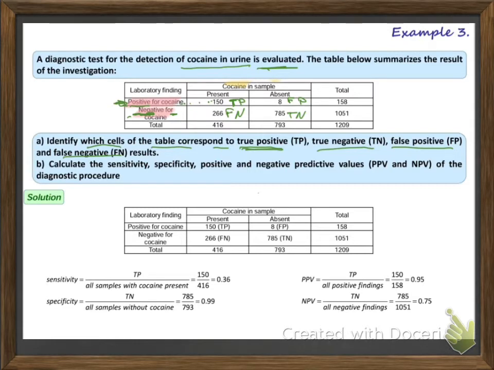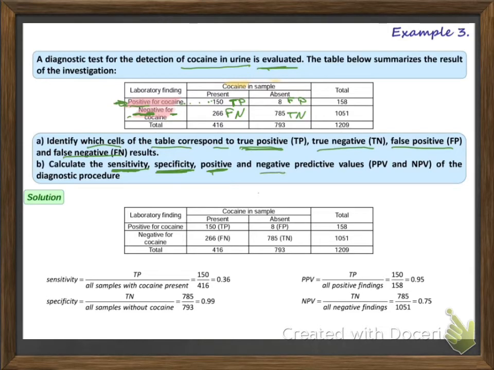That's it, okay? Then the second question is, calculate the sensitivity. We said sensitive means dangerous, it is related to the positive part, okay? So sensitivity, specificity: since sensitivity is the positive, specificity is the other way around, the opposite, it will be for the negative. Positive predictive value, which is PPV, is the portion of the true positive divided by the overall positive.